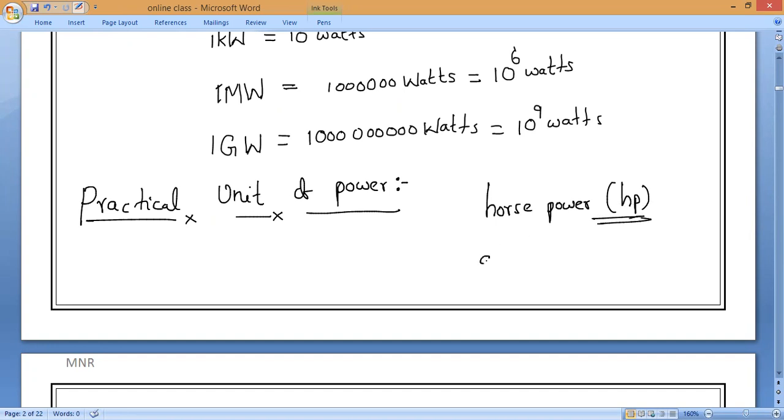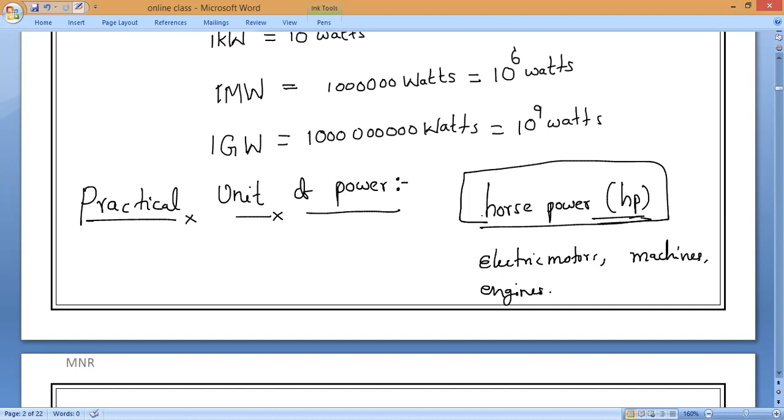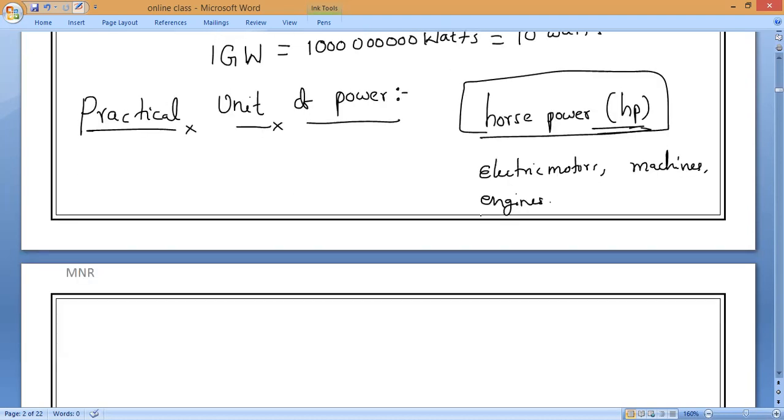So if you have taken electric motors, or any kind of big machines like cranes and all, and you can take engines, all these things represent power with the help of what? HP, horsepower. So this is the practical, or we can say commercial, unit of power.